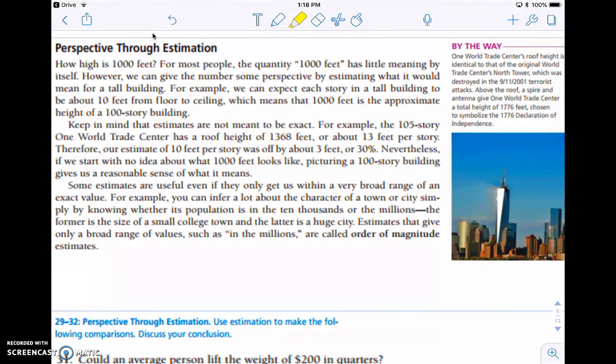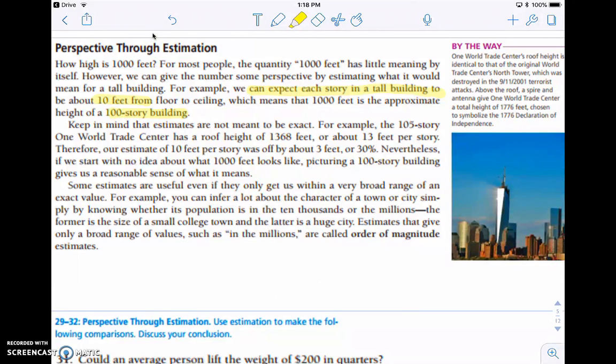So, for example, we can expect each story in a tall building to be about 10 feet from floor to ceiling, which means 1,000 feet is the approximate height of a 100-story building. So now, we take it from feet to stories, so that might give it a little bit more meaning to you.